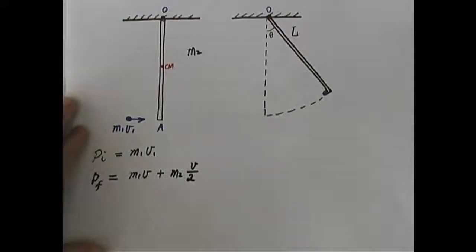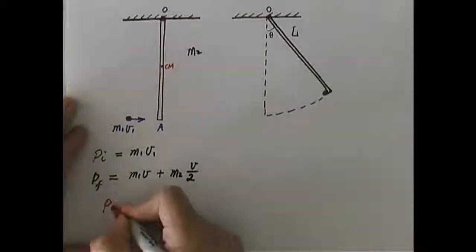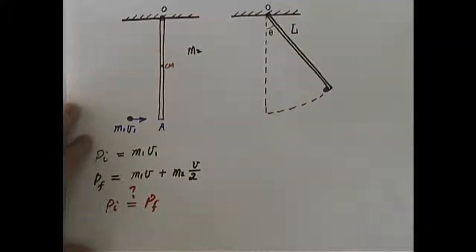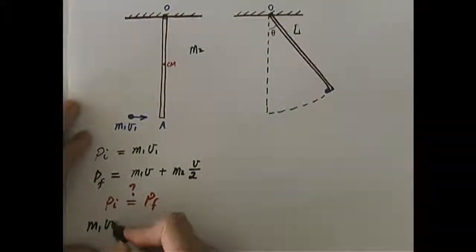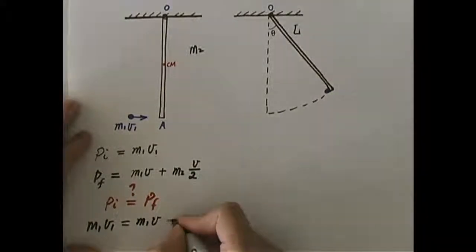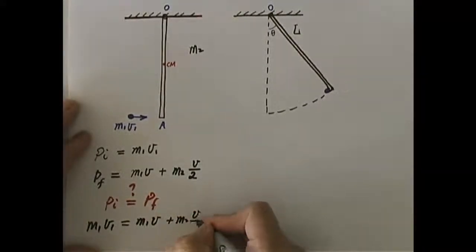So, as far as the rod is concerned, I use the center of mass linear momentum. That will be m2 times center of mass speed, that is v over 2. And let me equate P initial and P final. Okay, let's see what we get. Don't know if it's right, but if it were right, then I would get m1 v1 equals m1 v plus m2 v over 2.